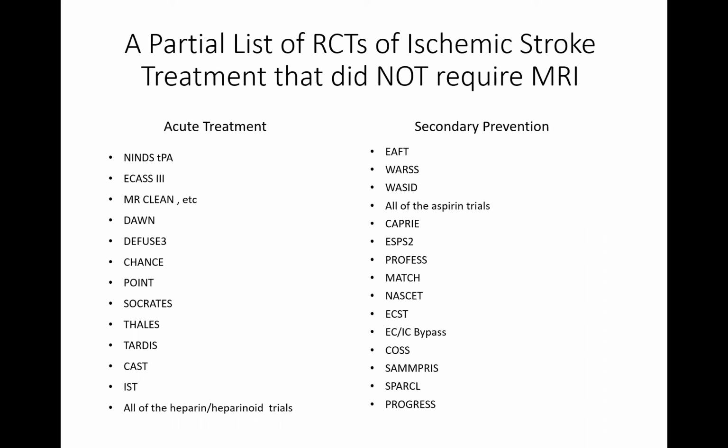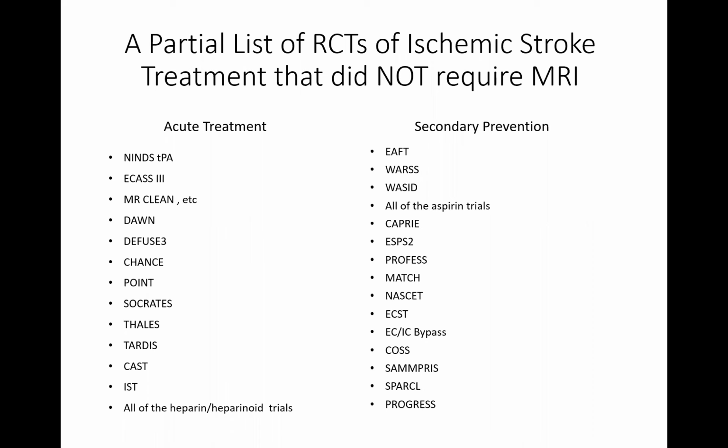With about 2 exceptions, this is every randomized controlled trial of stroke treatment that our current treatment decisions are based on. Did not require MRI to decide whether someone was eligible. And so the results of these trials reasonably apply to people who fit the eligibility criteria based on CT.